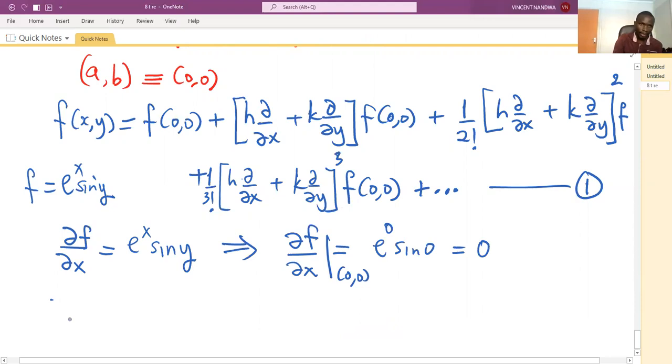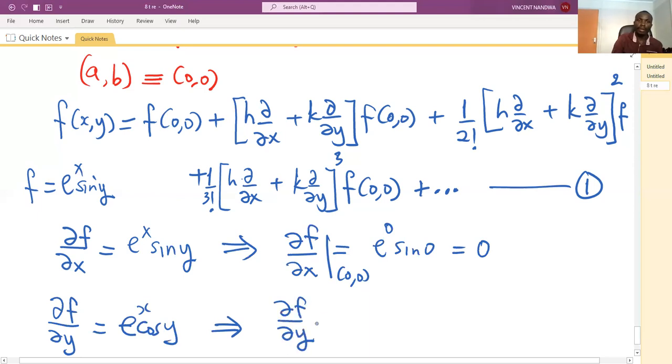And then partial f partial y is e raised to the power x cos of y, which means that partial f partial y at (0, 0) is e raised to the power 0 cos of 0, and the answer is 1.